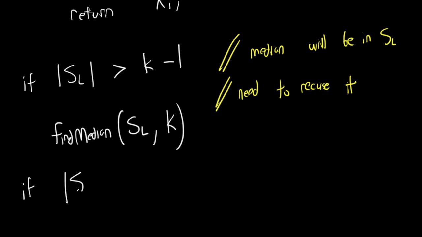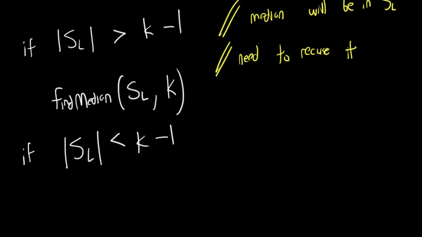Now we'll have another if statement, for the last case, where we find that the size of SL is less than k minus 1. Where is our median going to be hidden? The median is now hidden in the SR bin, on the other side, which means you need to recurse, but now with more specificity.